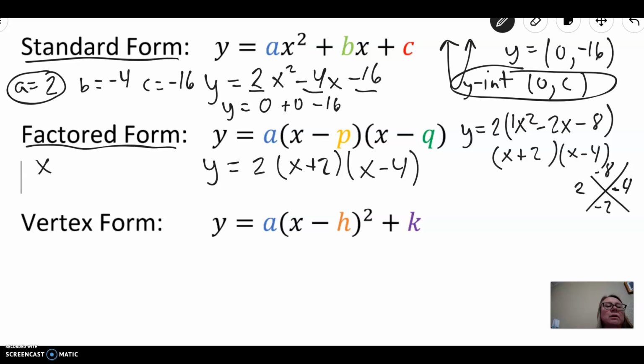To find my x-intercept, I know that my y equals 0. So if y equals 0, we can apply the zero product property, knowing that if this times this is equal to 0, either this one or both have to equal 0.